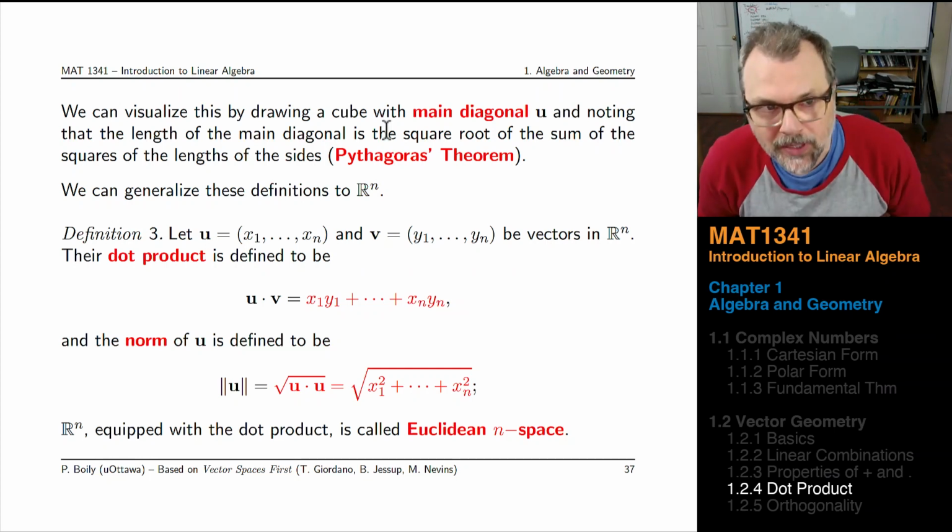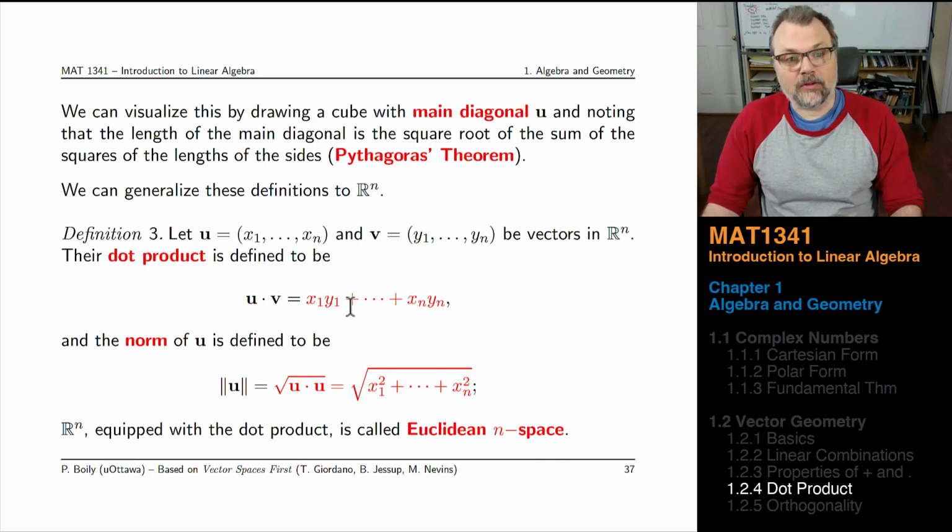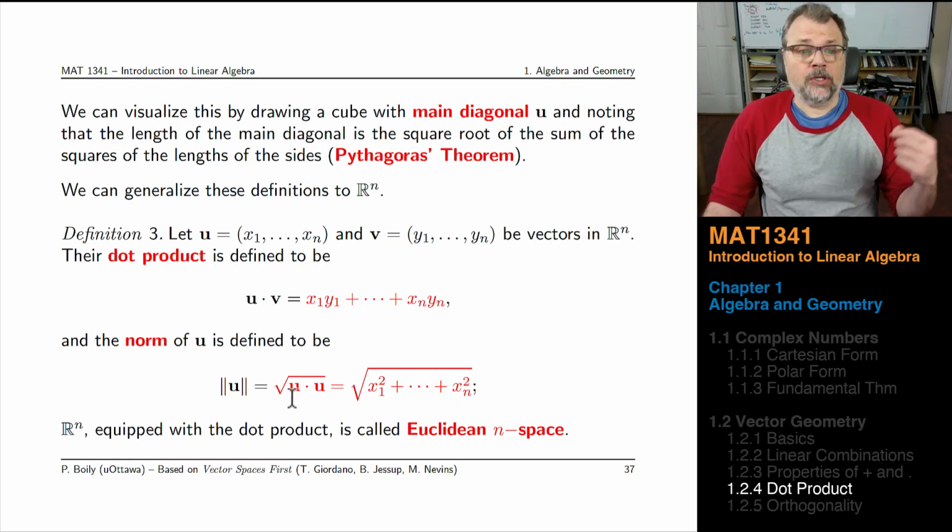These definitions apply not just to R3, they apply in general to n space. The only difference is that you might have more than 3 terms to add together. The norm, the magnitude of u, would then just be the square root of the inner product of u with itself.